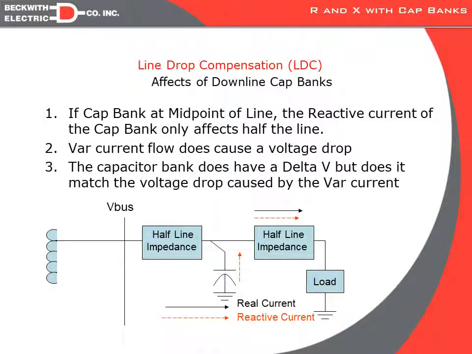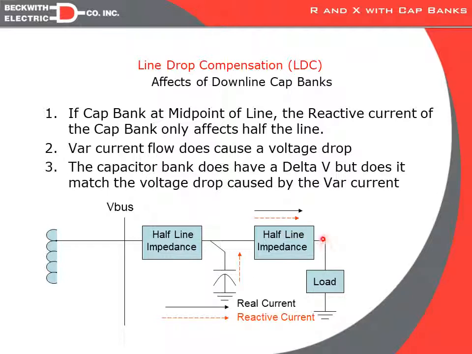Now, if the capacitor is at the midpoint, we kind of have the combined effect in that now the reactive current, if the load is still at the end, still has to flow down, but it only has to flow down half the impedance, so it's only creating half of the voltage drop it would have in the first example. Also, because we're further away from the source, now when this bank operates, we will have a voltage rise, and that voltage rise may be significant enough to offset the loss of voltage due to the reactive current.